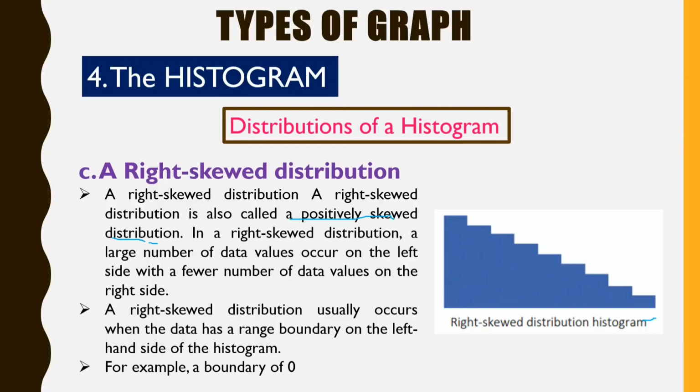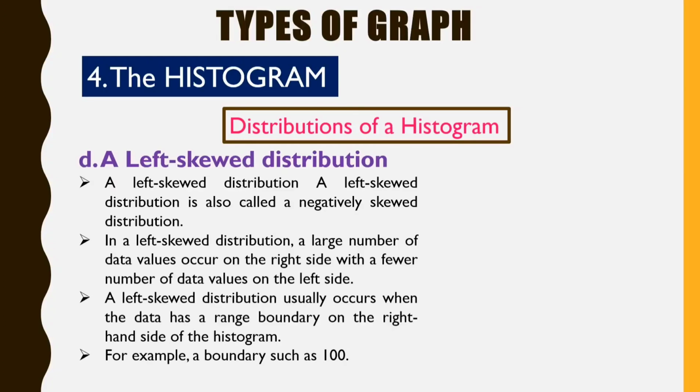So it means that most of the respondents or most of the data falls under the range on the left side. That's why it's called a right skew distribution. A right skew distribution usually occurs when the data has a range boundary on the left-hand side of the histogram, for example, a boundary of 0.